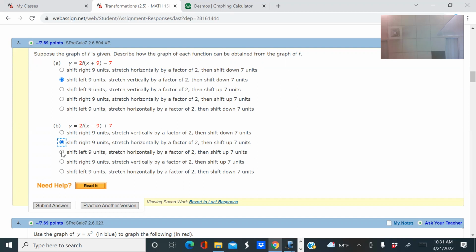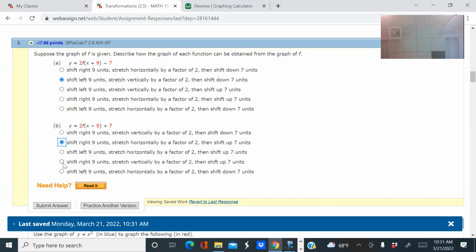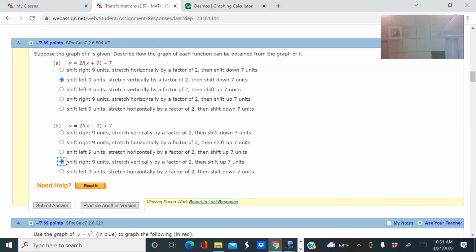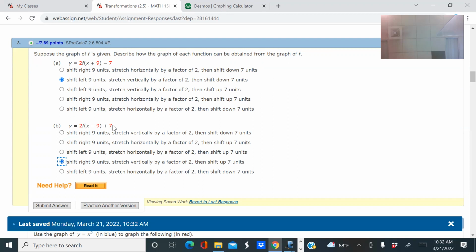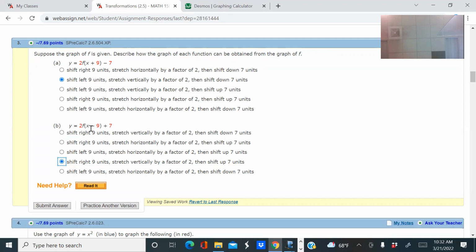Oh, so I have to stretch vertically. Is it this one, D? Right, stretch vertically by a factor of 2, then shift up. That's correct, right? Is that what we did? Shift up, because we added 7 to f. So we shifted up, and then right 9 units, and then stretch vertically by a factor of 2.